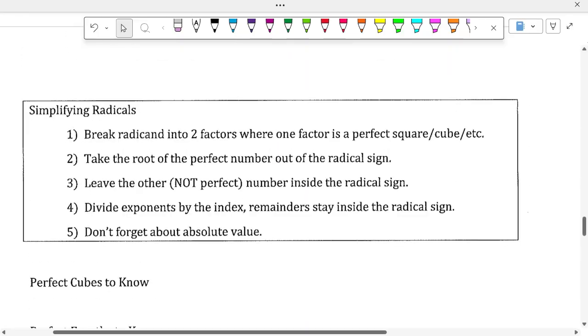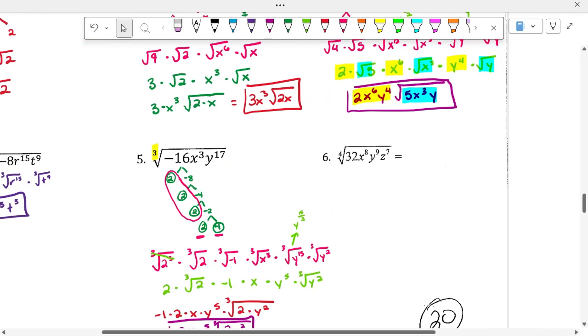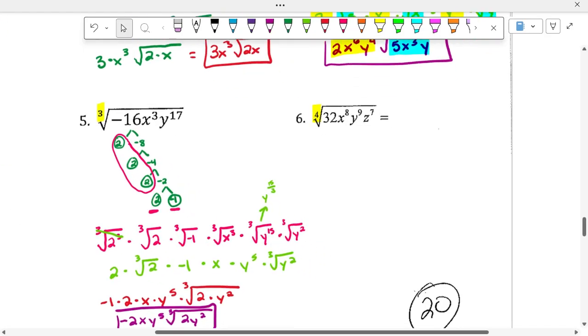All right. Try number 6 on your own. Keep in mind, it's a what type of root? It's a fourth root, meaning you're looking for groups of what? 4. All right, give it a shot.